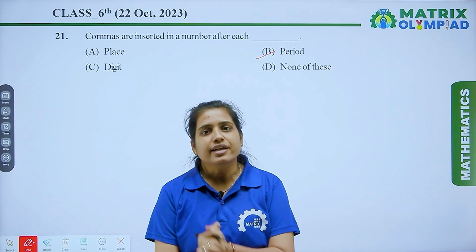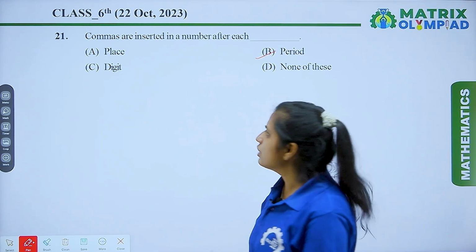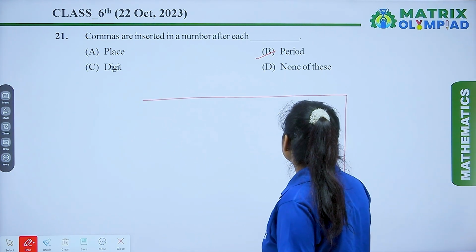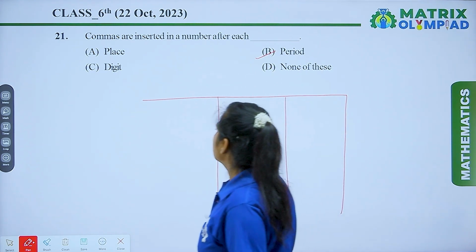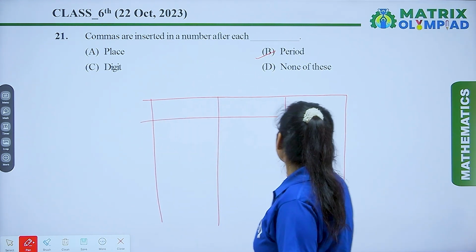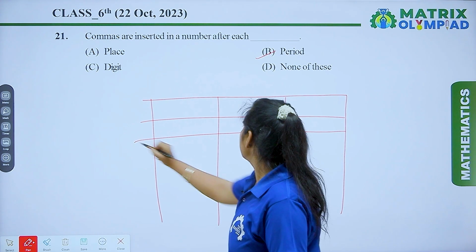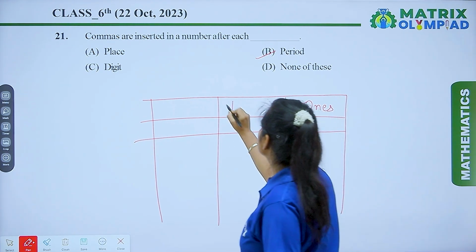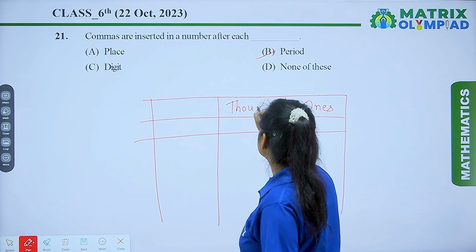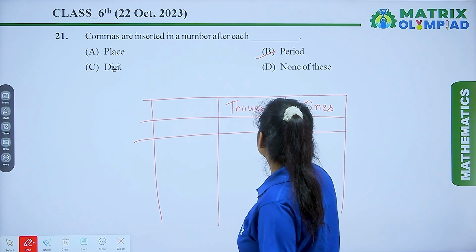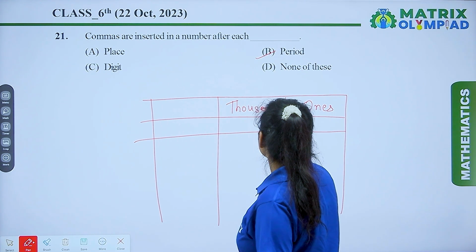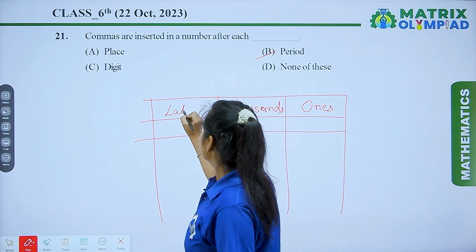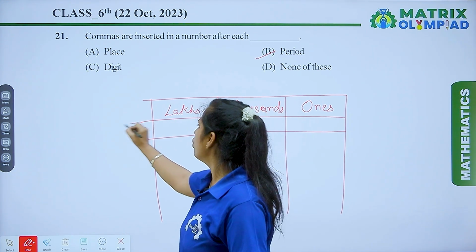We know that in the international system or in the Indian system, as you have already seen in your books, the table is like this, in which the first row is known as the periods. Here we have ones, thousand, lakhs, and so on.